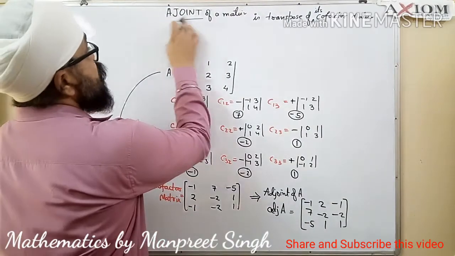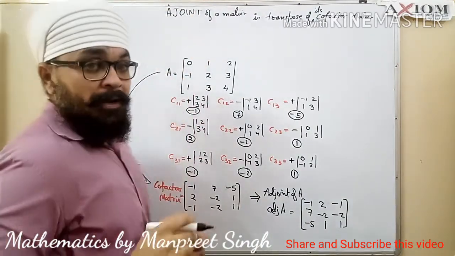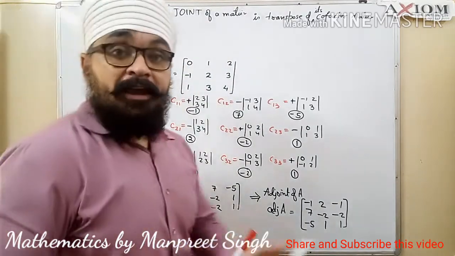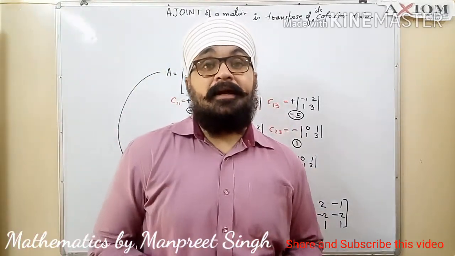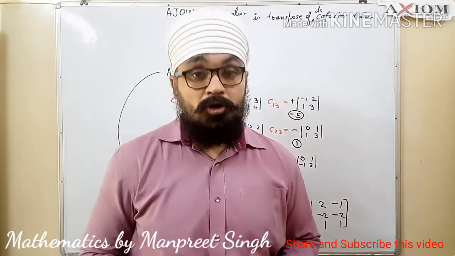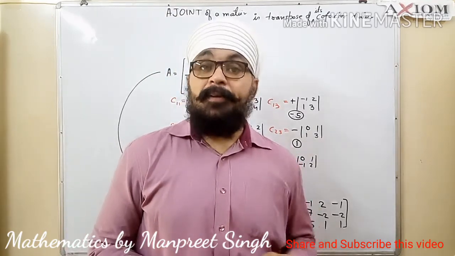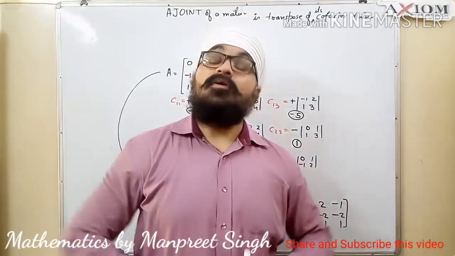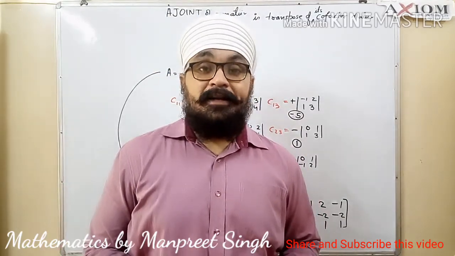To verify this one, there is one of the most important properties of adjoint. Why we are studying adjoint, you will also come to know the reason. The important property is: already we have studied in matrix multiplication that matrix multiplication is non-commutative, and I told you that this commutative law is not valid for matrix multiplication.